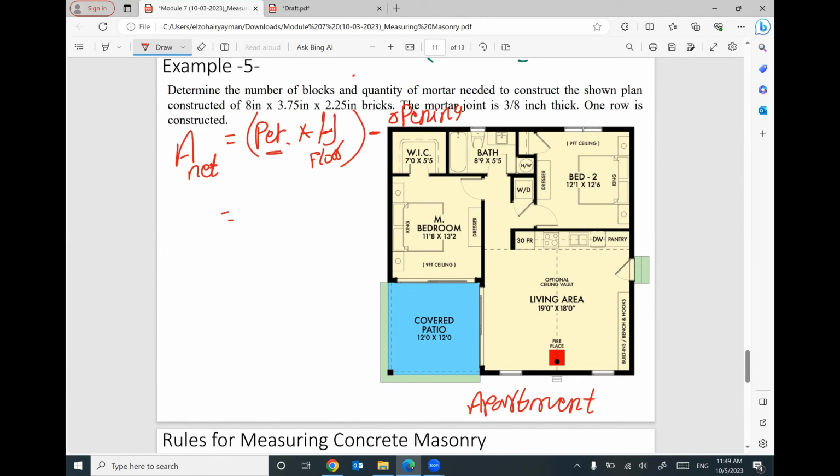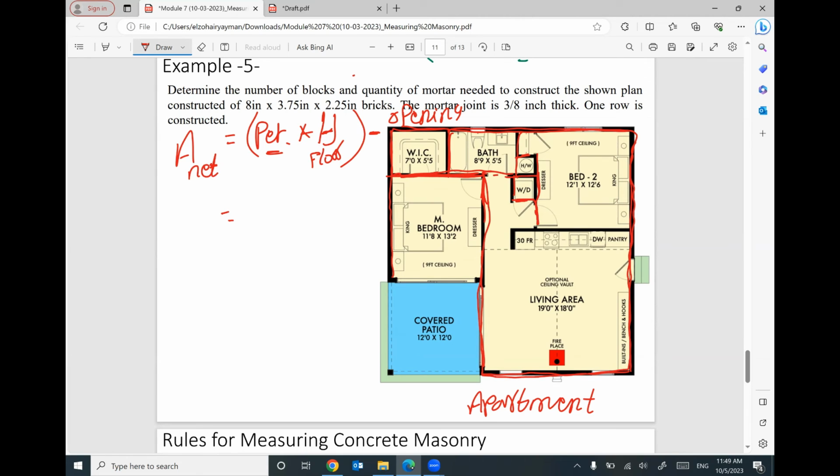For the perimeter, you have to add this length plus this length plus this length, all of them. Don't consider any opening. You have to consider all these lengths.